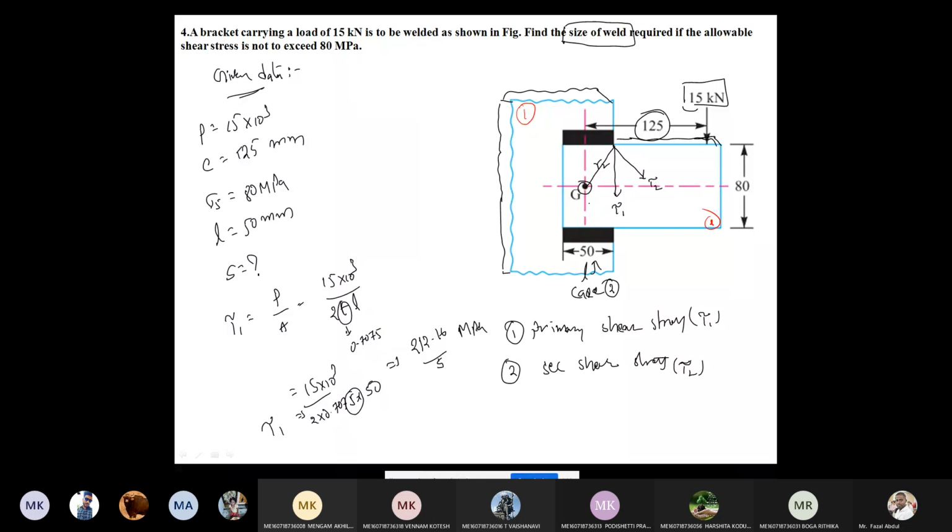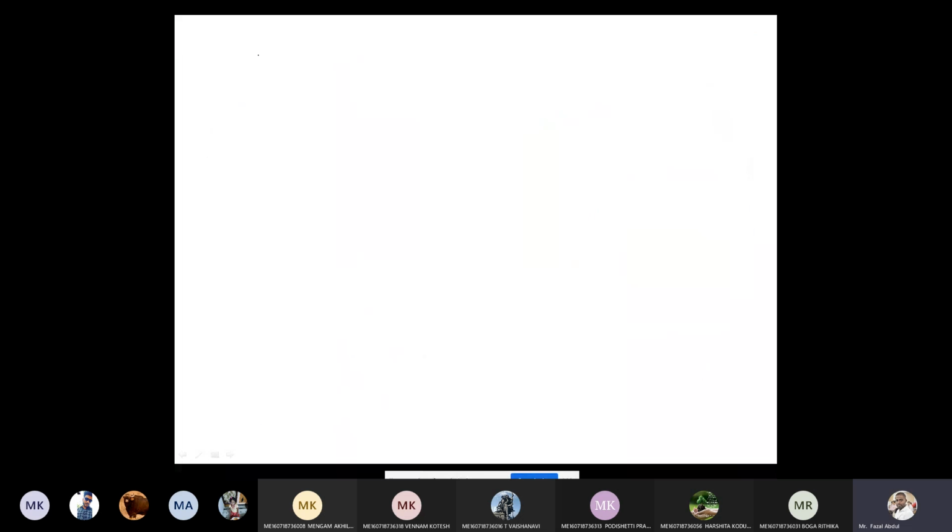Secondary shear stress is directly proportional to this radial distance. This one we already derived. Secondary shear stress equals T into E into R2 by J. What is J here?